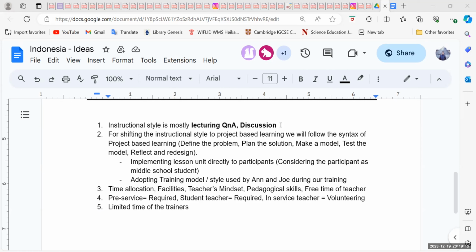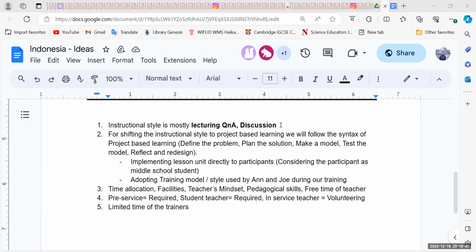So if we implement all the units that are introduced, for example water quality, it's not enough time for us to introduce everything.